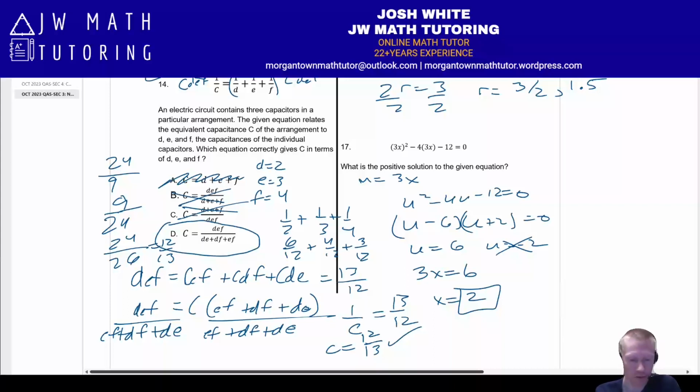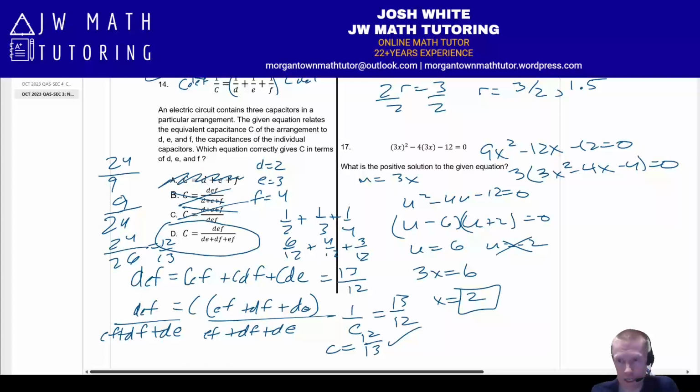If you're not familiar with u substitutions or not sure how to do that, you could instead just multiply this all out, and you could make it 9x squared minus 12x minus 12. Now, if you go to solve this, I would factor out a 3 first. I would make it 3x squared minus 4x minus 4.